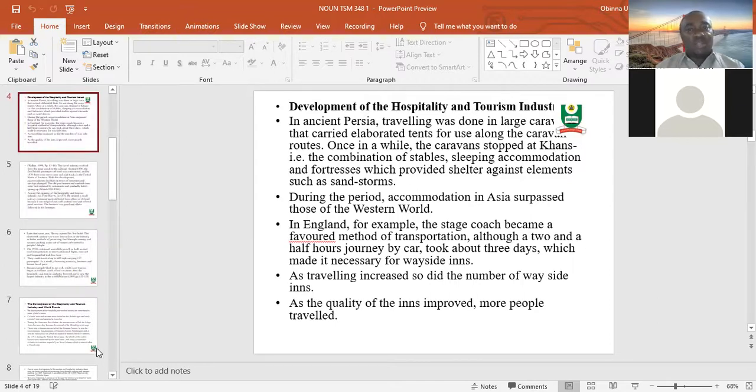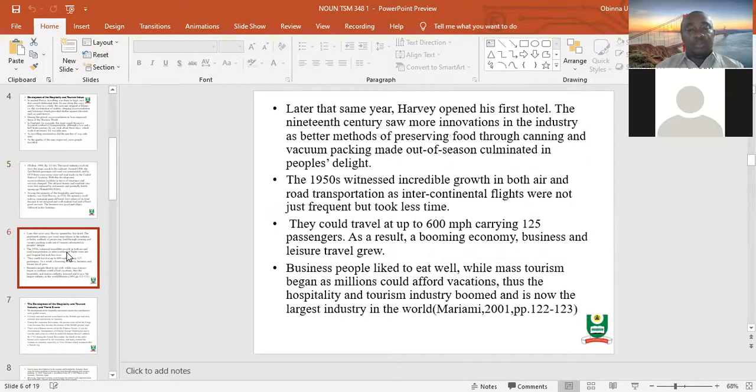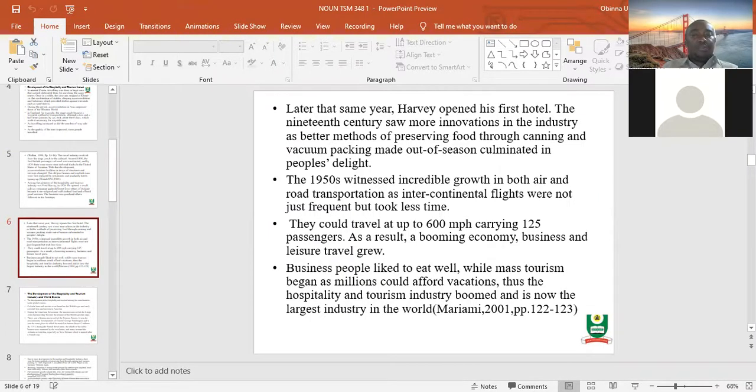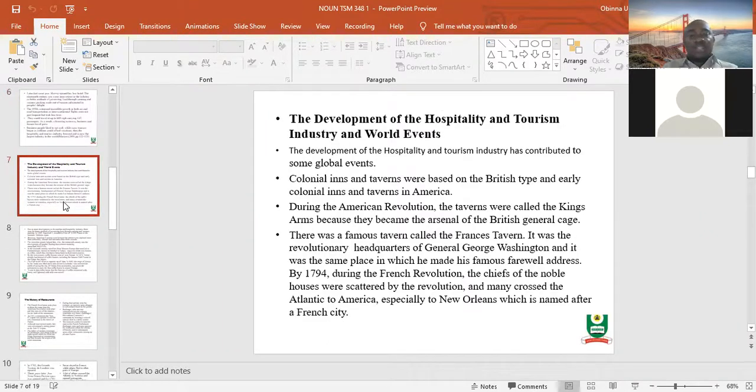starting from the early times when the caravans were walking, till when the railways came to be. We also looked at the type of accommodation that existed from the beginning till the time we started having the hotels and the catering services.